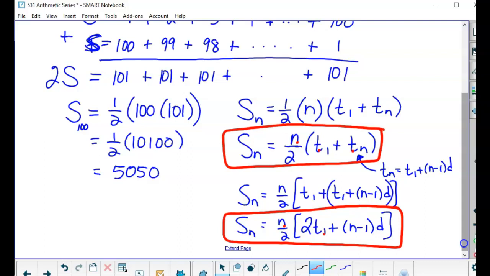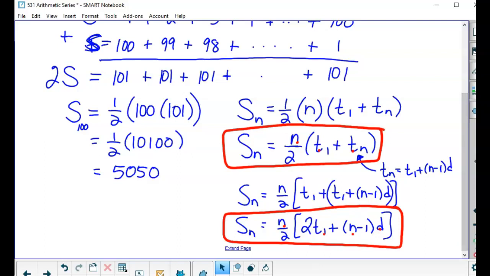If you didn't know the nth term, then there's your n, so you have to know that already. If you knew the common difference, you could calculate Sn. So really it depends on what information is given. So there's two versions. But that's really how the formula works and where it comes from. Okay?